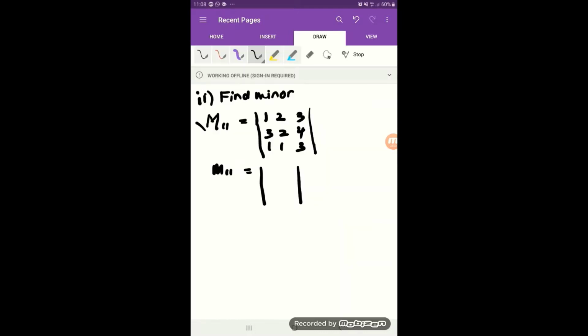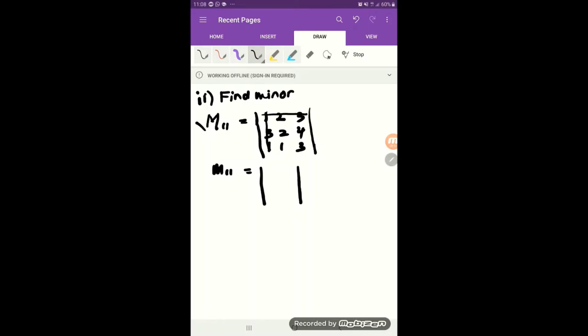Next step is to find the minor of matrix A. We start from M11. What is the meaning of M11? M11 is the determinant of the matrix obtained by deleting the first row and the first column.